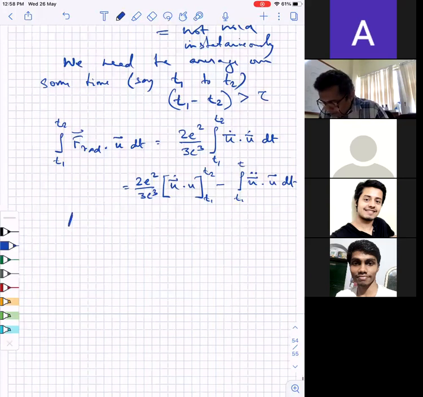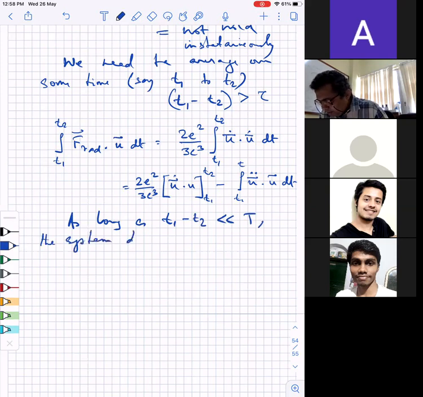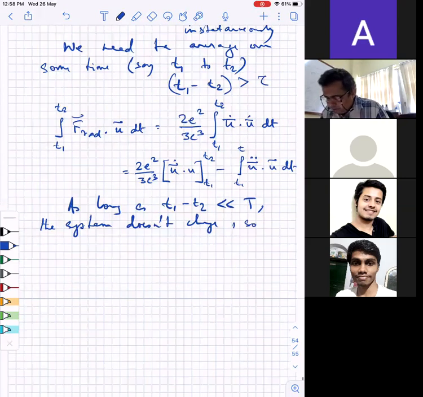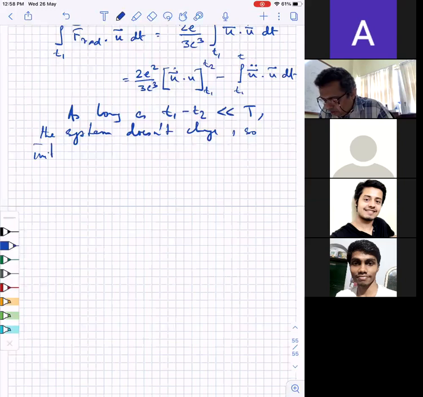So as long as T1 minus T2, the system doesn't change, initial and final states are the same.